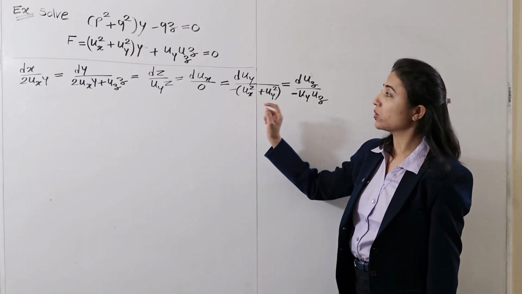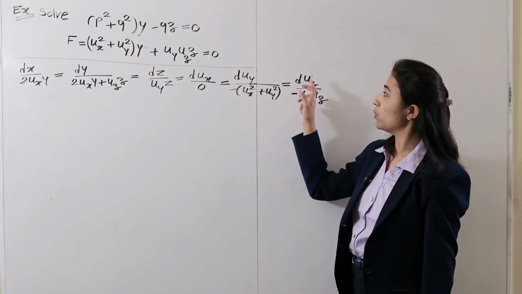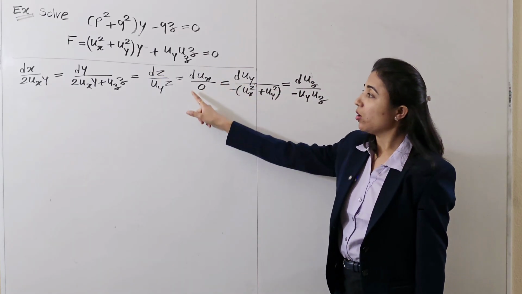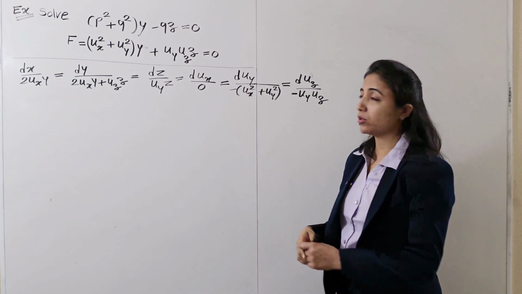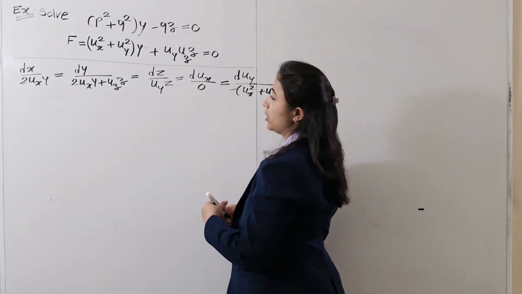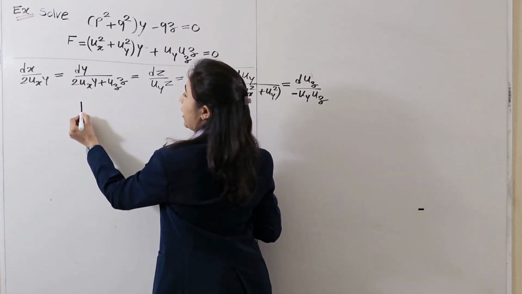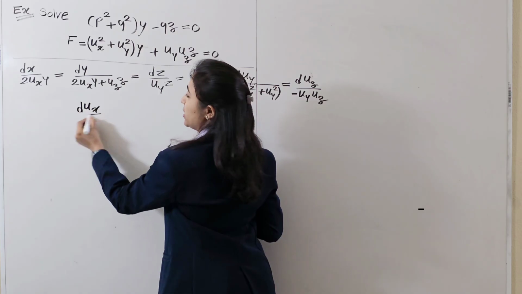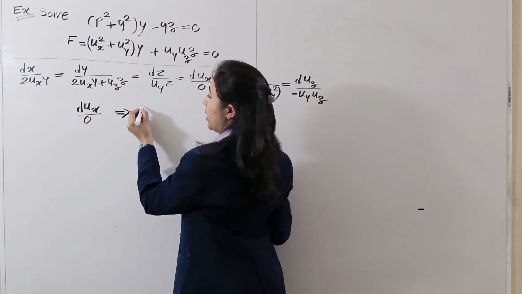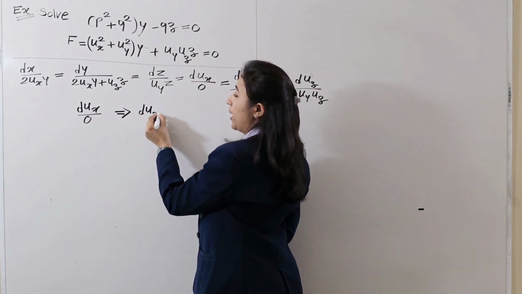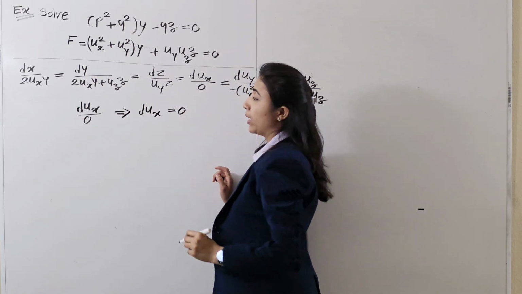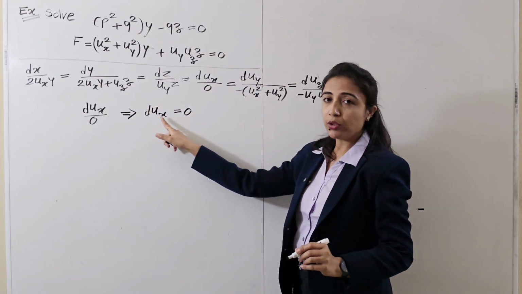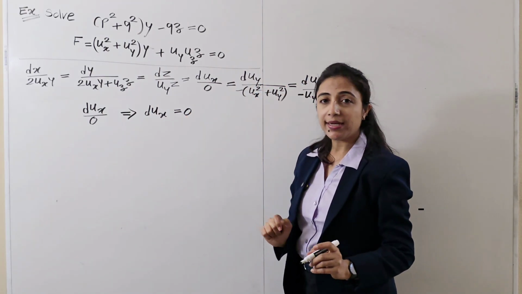Now how do we solve these auxiliary equations to find u_x, u_y, u_z? Here take the auxiliary equation for u_x. If we take du_x by 0, using this auxiliary equation you will get du_x equal to 0, and if du_x equals 0, can we integrate this term?